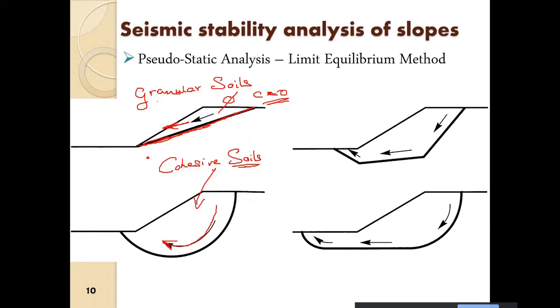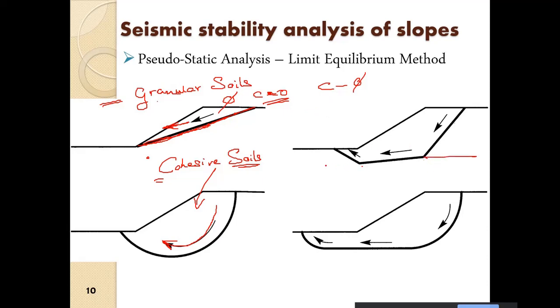Now, definitely in nature, soils are neither absolutely granular nor absolutely cohesive. It is somewhat a mixture of the two, so we have the C-phi soils. We will also have various geometrical discontinuities in the slopes, so there will be various layers in the slopes.